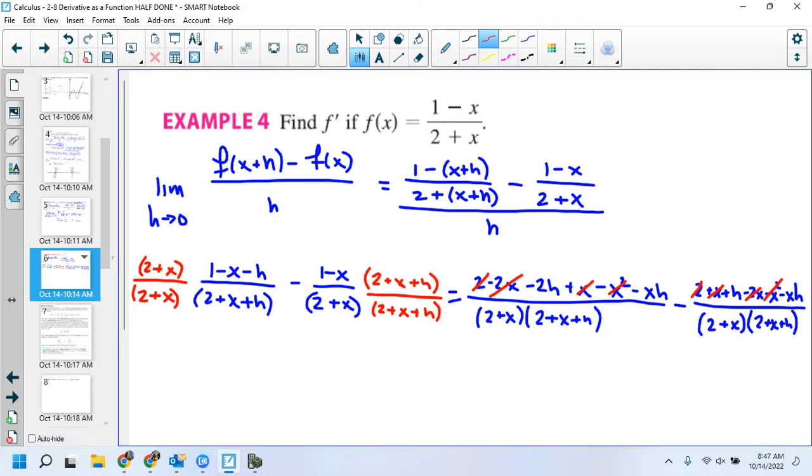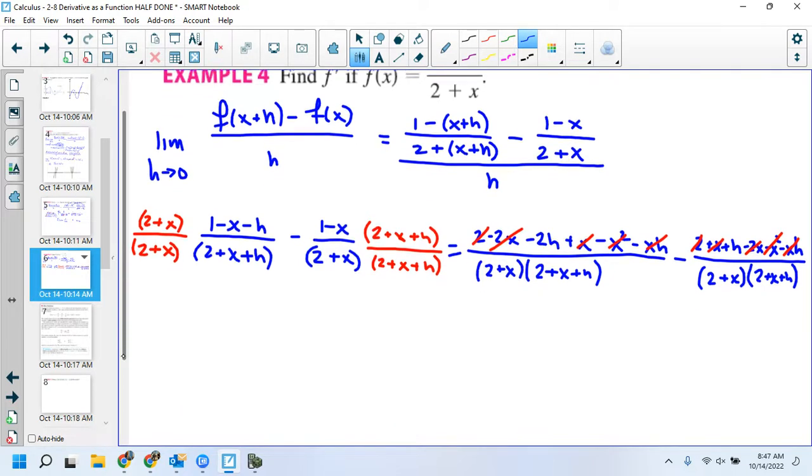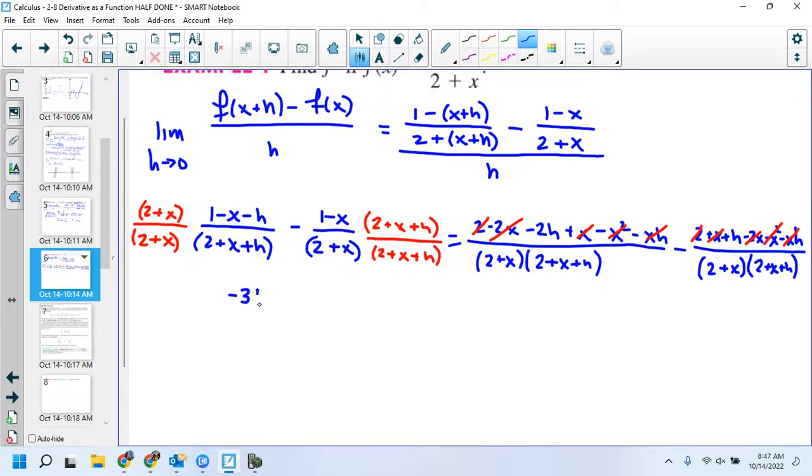We're all understanding that. And this negative xh and this negative xh. And that's going to leave me with negative 2h minus h, right? Negative 2h minus 1h. So negative 3h all over 2 plus x, 2 plus x plus h. See, the difference quotient will cancel a lot of things out.